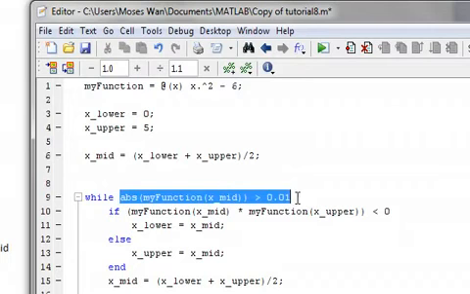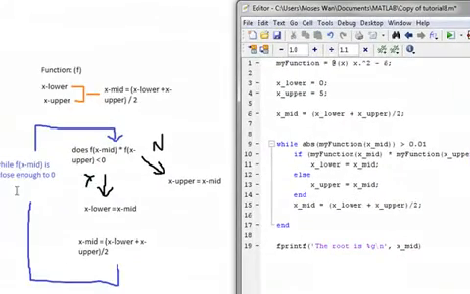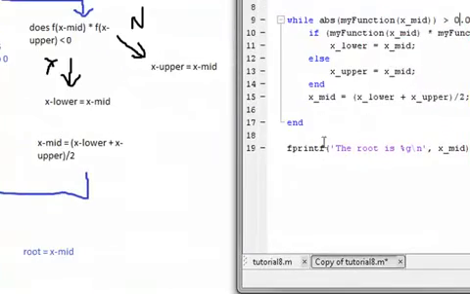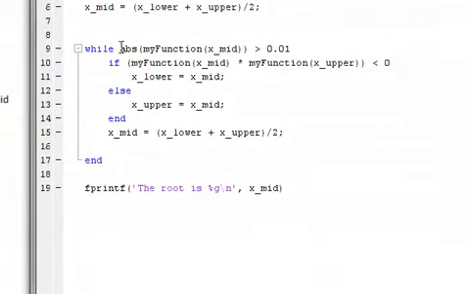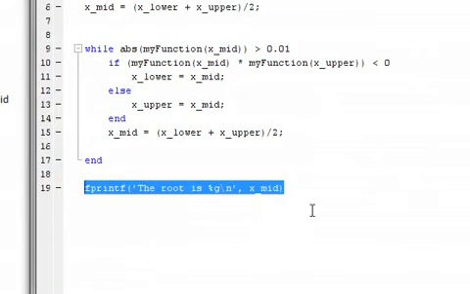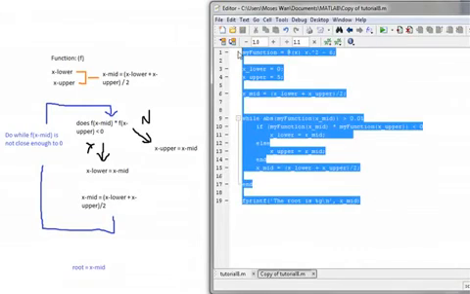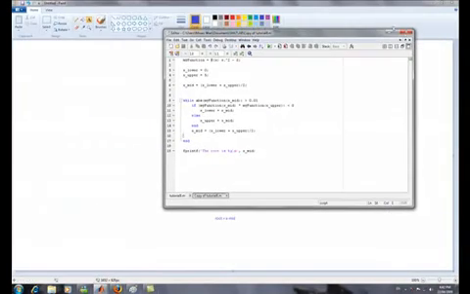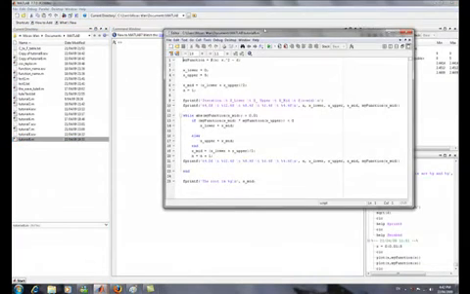If it is greater than 0.01, then just run this loop until x mid, when you substitute it into this equation, makes the condition false. That means it's in between negative 0.01 and 0.01, and then we'll just print it out as our result. So that's basically how our program goes. But I've made another program which shows you what it's actually doing. So let's run this program.